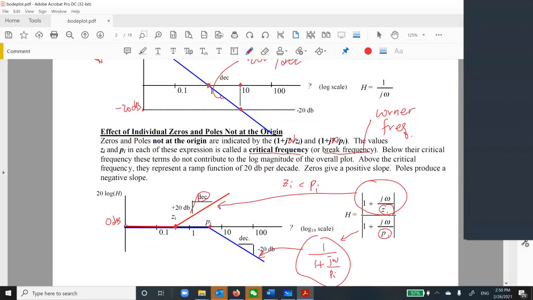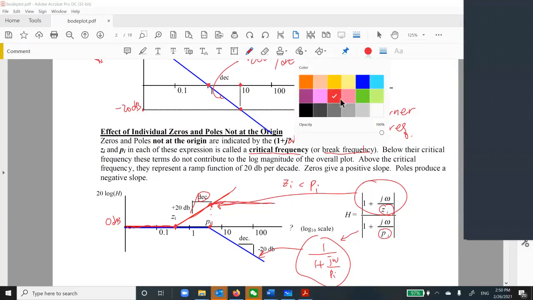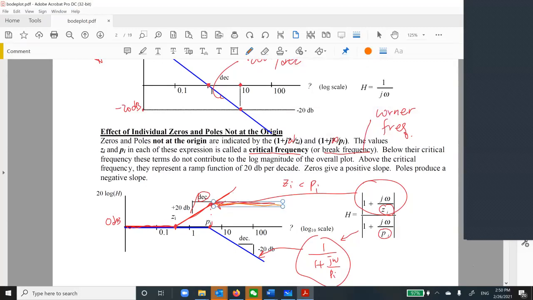0 plus 0 is still 0. So together, we will get this one. And this is still 0 plus this one until here. But when you go upwards and go downwards, they cancel out. Let me do a different color, maybe this is better.